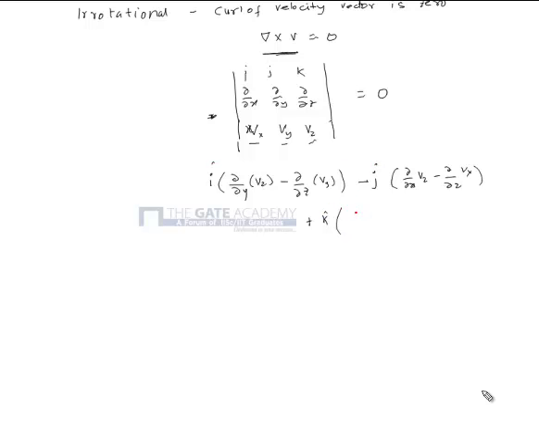Remember, i, j, k are the unit vectors. For k I need to take these two: dou by dou x of Vy minus dou by dou y of Vx.